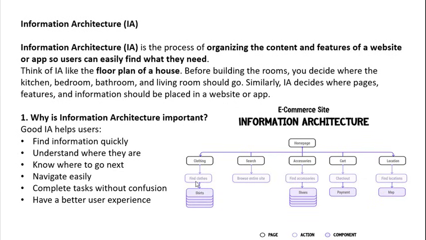Inside clothing, you can find clothes like shirts, t-shirts, pants and many more options. Search lets you browse the entire site, and accessories has shoes, belts, wallets and many more options.